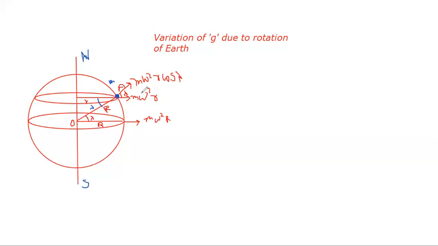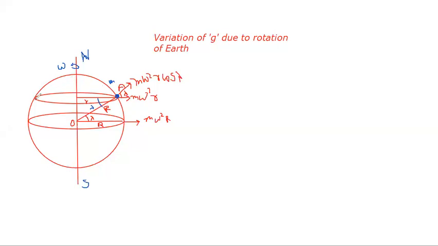Now, the angular velocity of rotation of the Earth is given as omega, means the Earth is rotating like this, with the angular velocity omega, not W, but it is known as omega. Okay. Now, the body describes a circle.